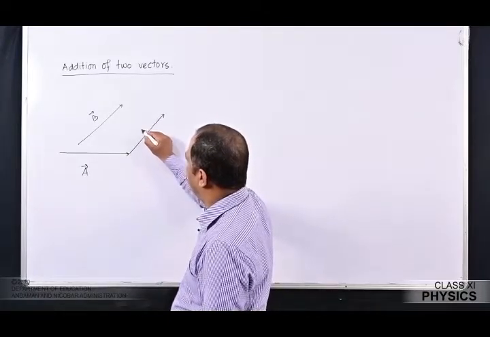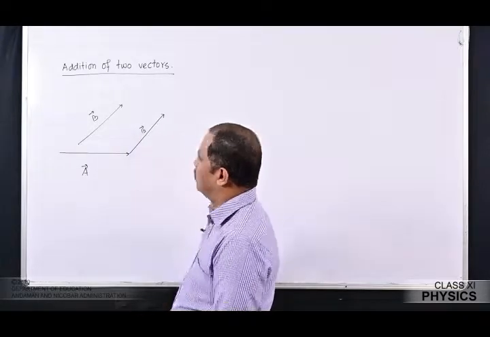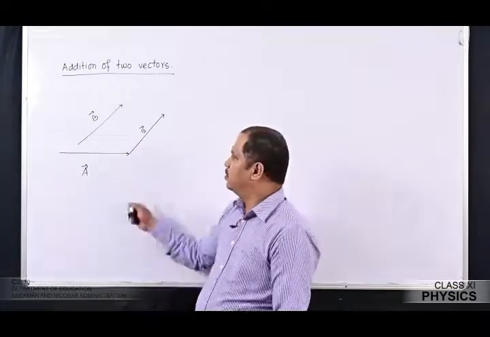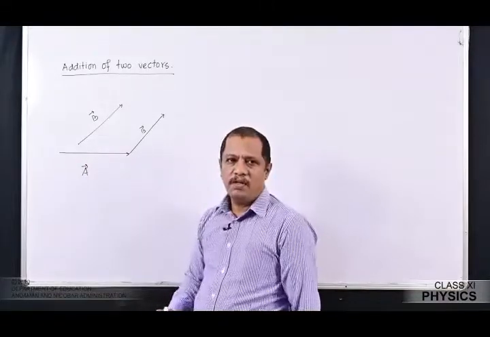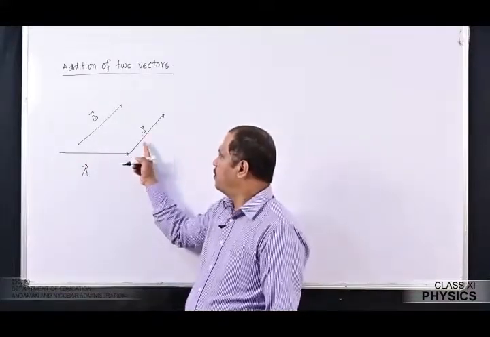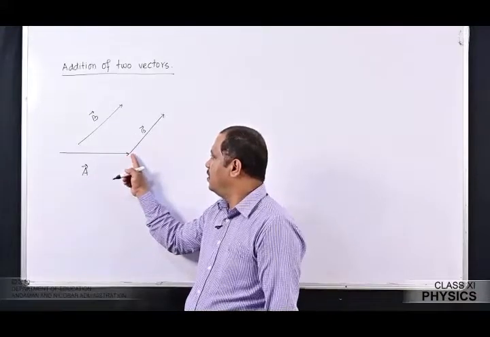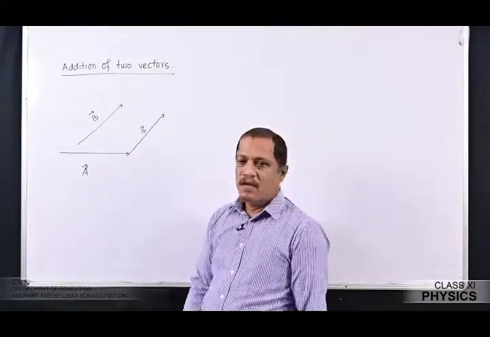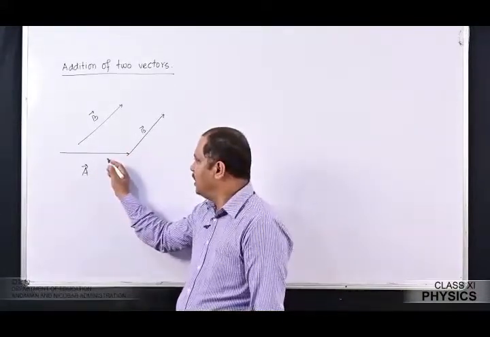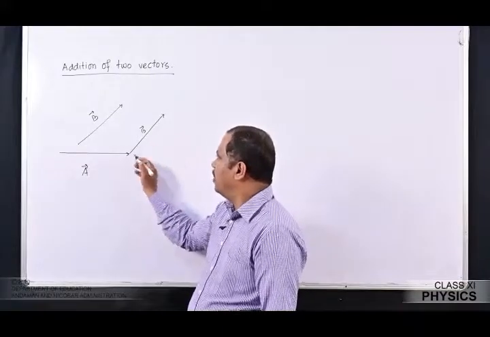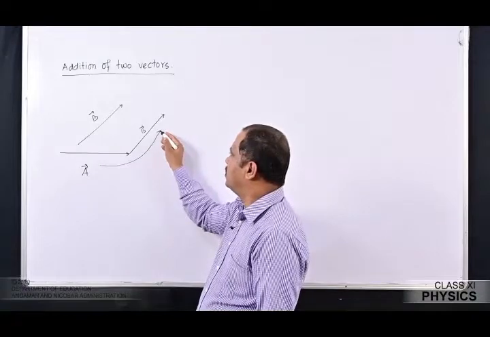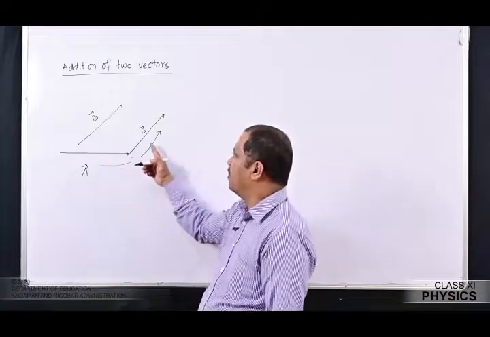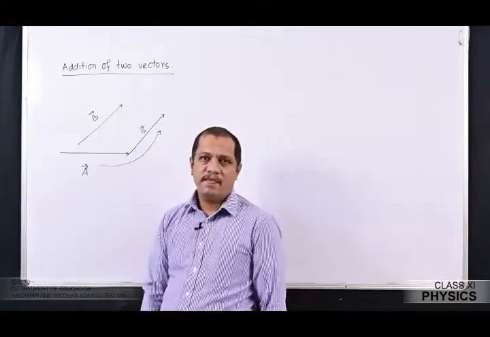Say this is vector B. So the first rule is obeyed: the tip of vector A coincides with the tail of B. Now when I see the direction of A and B, the flow goes this way. So this is the order of the direction of A and B.